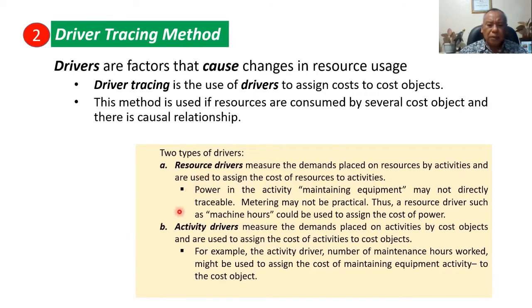For example, power in the activity maintaining equipment may not be directly traceable. Metering may not be practical. Thus, a resource driver such as machine hours could be used to assign the cost of power.